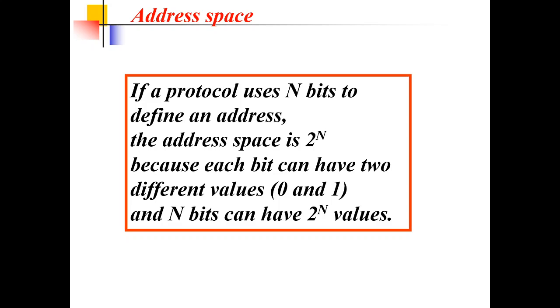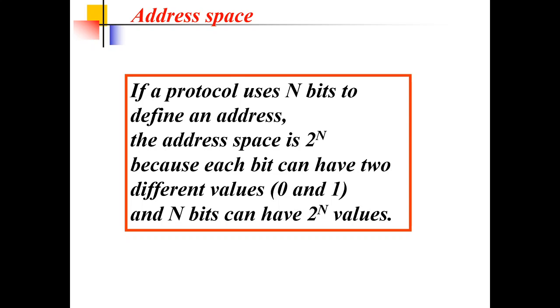Next point is address space. Address space is the total number of addresses used by the protocol. So, how to calculate address space? Suppose a protocol uses n bits to define an address. The address space is 2 raised to n because each bit can have two different values, 0 and 1, and n bits can have 2 raised to n values.